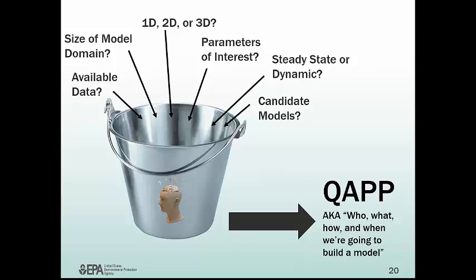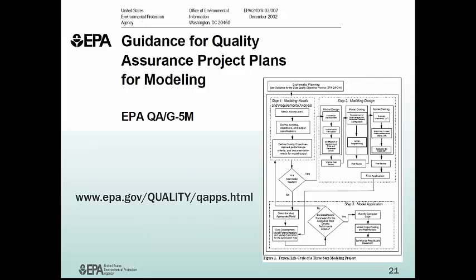All work performed or funded by EPA that involves the acquisition of environmental data, including model-generated data, must have an approved QAPP. And I would like to highlight that EPA has guidance for how to develop QAPPs, including QAPPs specific for modeling.